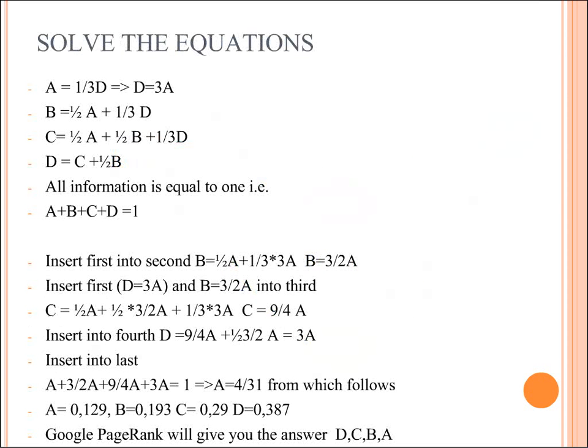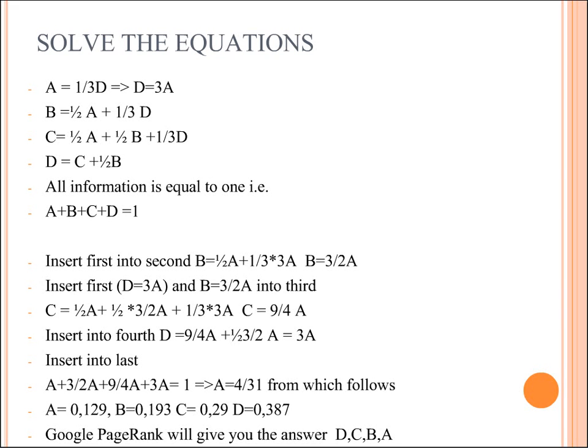What I have done on this slide is I have solved the equations, and at the very bottom you can go through the exercise and read through and have a look how the equations were solved. At the bottom you get A equals 0.129, B equals 0.193, C equals 0.29, and D equals 0.387.